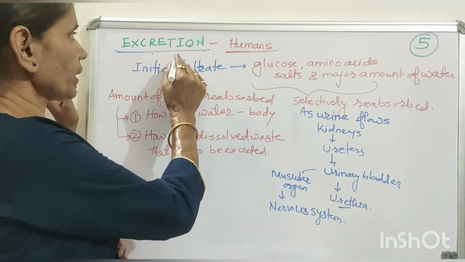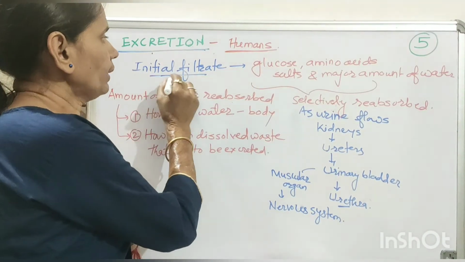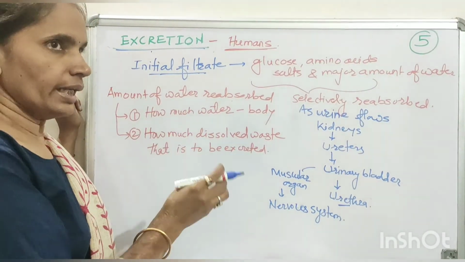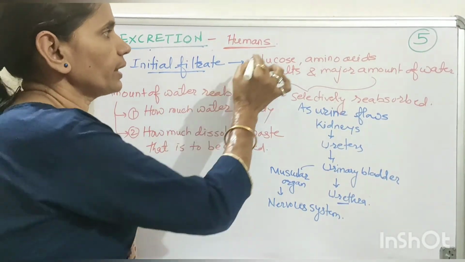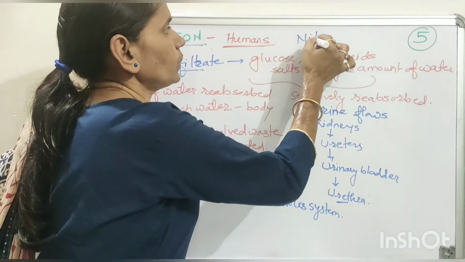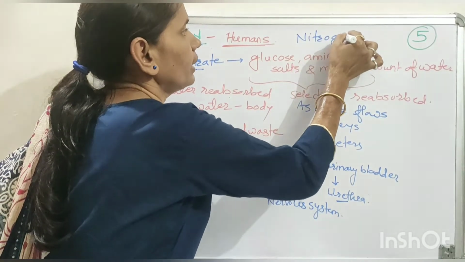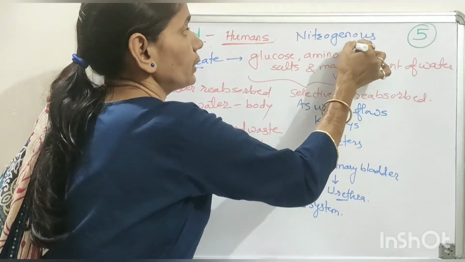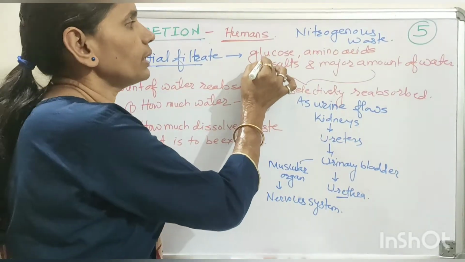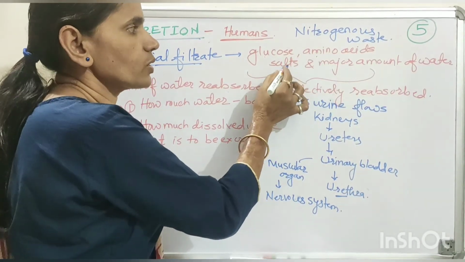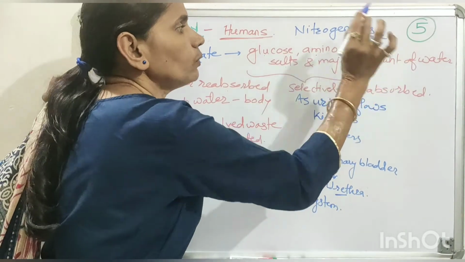During the process of excretion, the initial filtrate is collected or released through the capillaries. This initial filtrate consists of nitrogenous waste material, and along with it other important products are also present, that is glucose, amino acids, salts and a major amount of water.